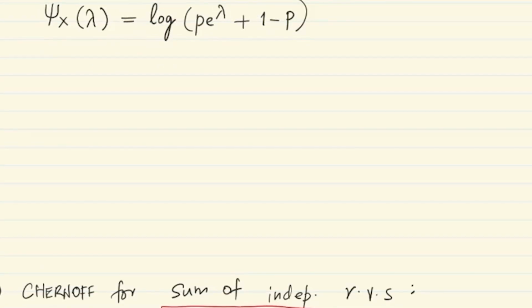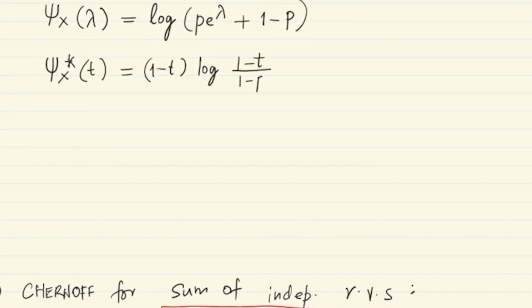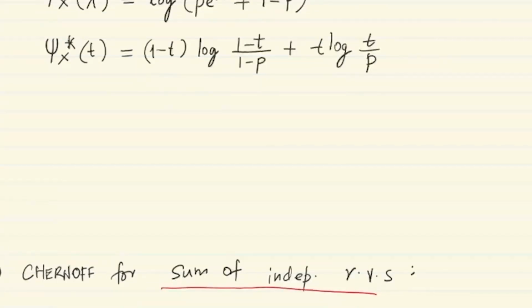And if one continues further, one can also calculate Cx star of t as 1 minus t log of (1 minus t) by (1 minus p) plus t log t by p, which to some of you who have seen some information theory or related areas is exactly what is called the binary relative entropy of t versus p for t lying between 0 and 1.